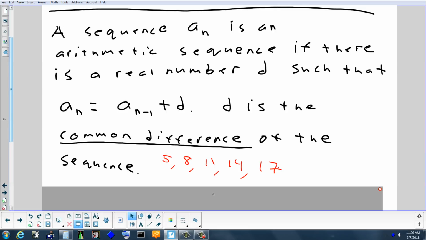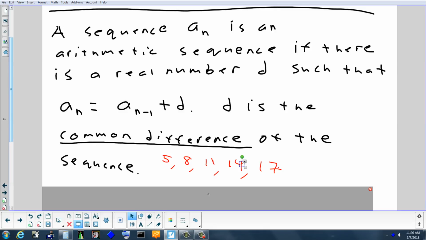What's 17 minus 14? 3. 14 minus 11? 3. 11 minus 8? 3. 8 minus 5? 3. So the point is, if you have an arithmetic sequence, if you take a term and subtract the one before it, you will always get the same difference. That's why it's called a common difference. So in this case, it's 3.